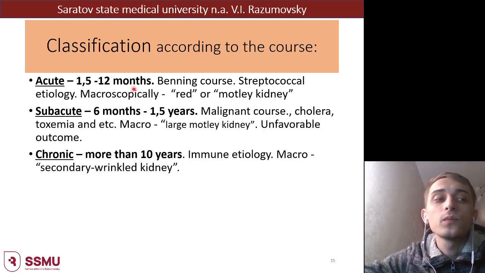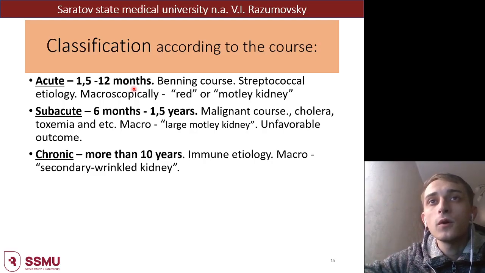This glomerulonephritis has a malignant course, and may be associated with cholera, toxemia, and all other diseases which are associated with chronic intoxication of the organism. Macroscopically, it manifests itself by a large motley kidney, and this type of glomerulonephritis has an unfavorable or malignant course. Most often it will lead to kidney insufficiency and really fast death of the patient.